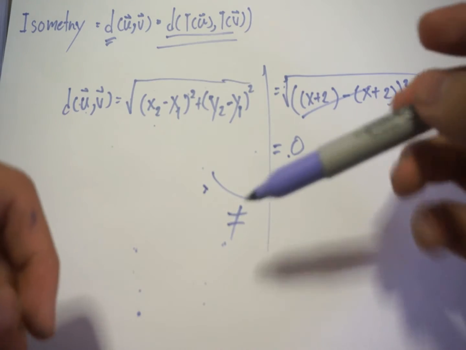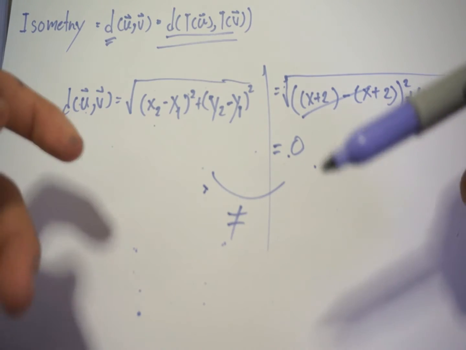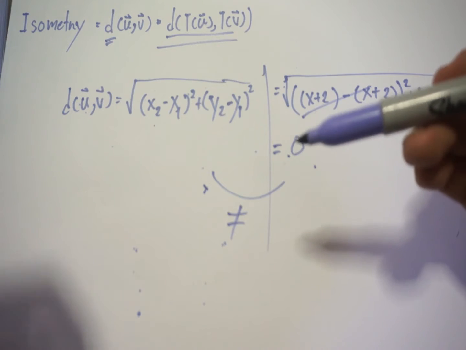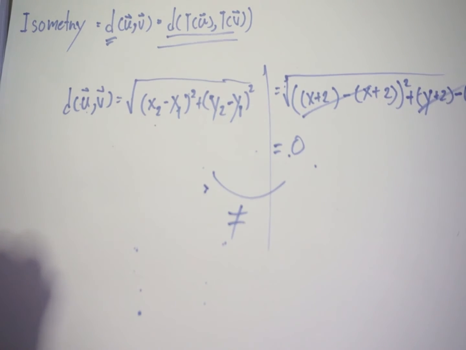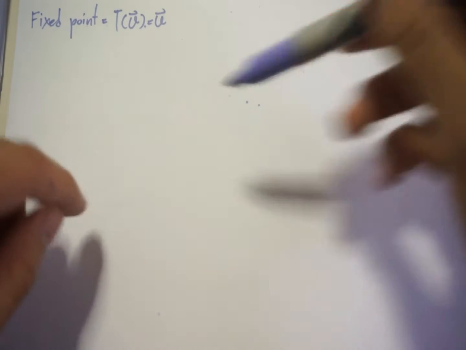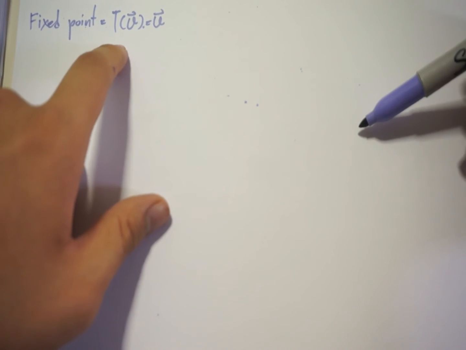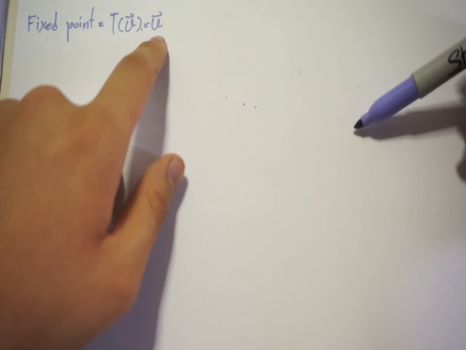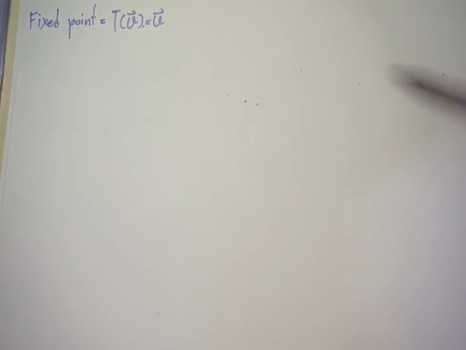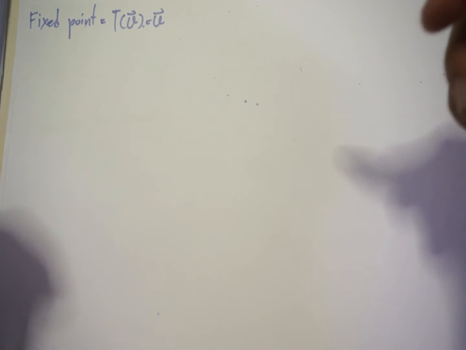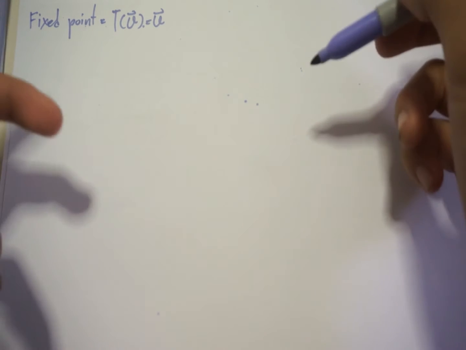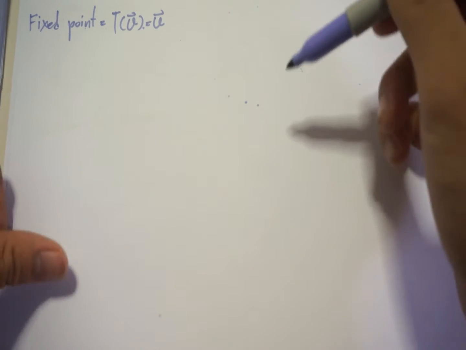Then we're going to move to the final point, that is, whether it correlates in fixed point. In fixed point, our goal is to determine whether this is equal to this. To put it simply, we're going to compare them to each other.